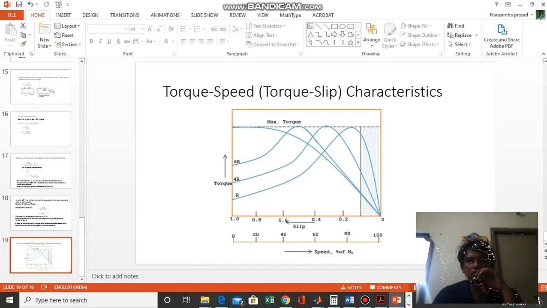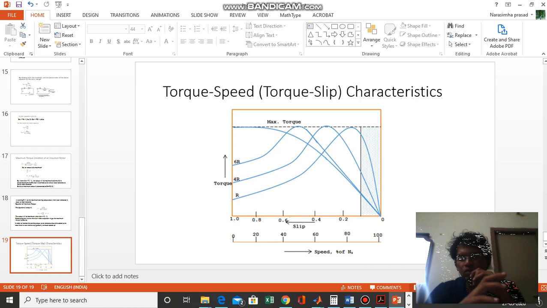For some loads, we do not require much torque. Torque means turning moment. We have to rotate the rotor like this, and the effort depends on the amount of mechanical load on the rotor.